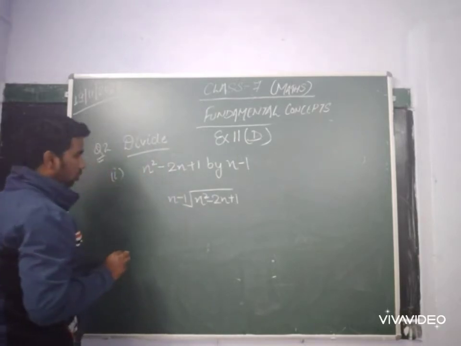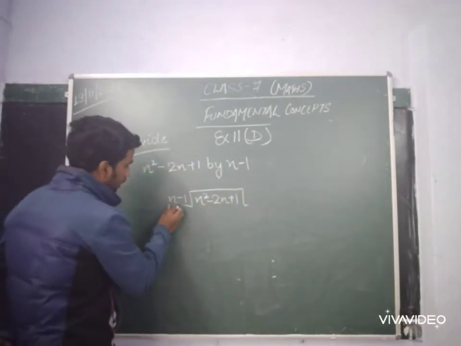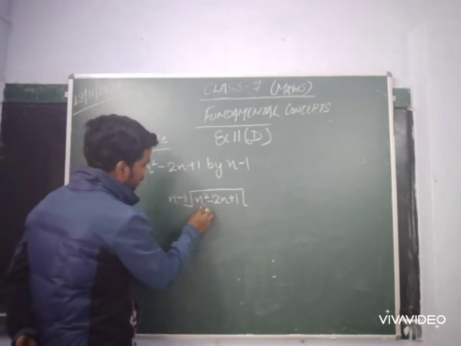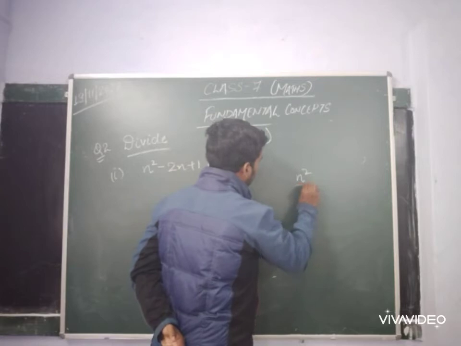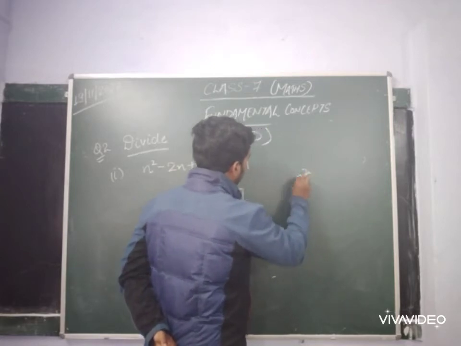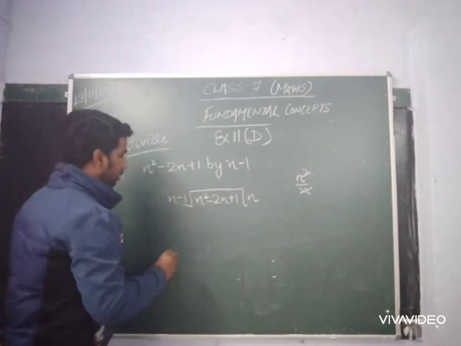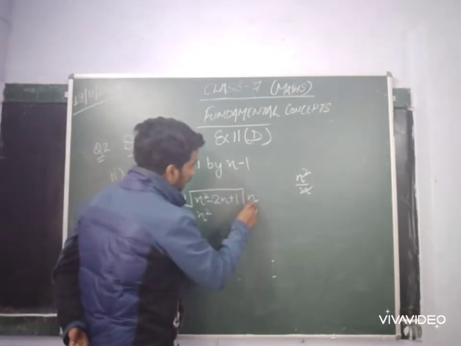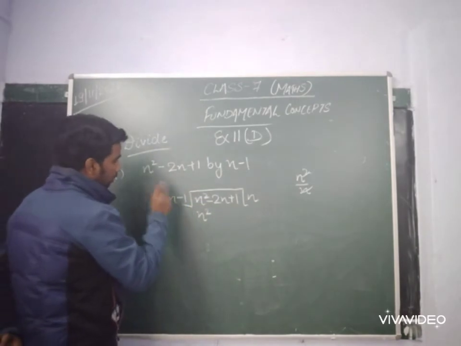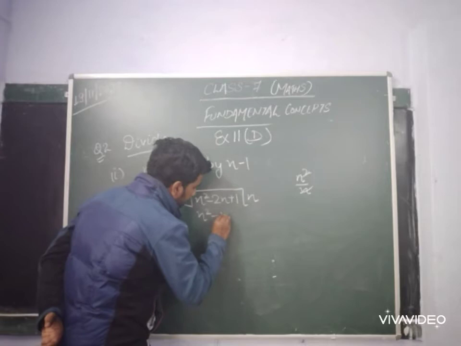Clear? So see, we will take this single term and divide this single term. So what we have got, n square divided by n, so n will be left in the quotient. Clear? And over here, now n will be multiplied with 1, so we will get minus n.